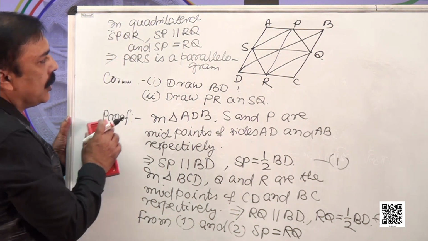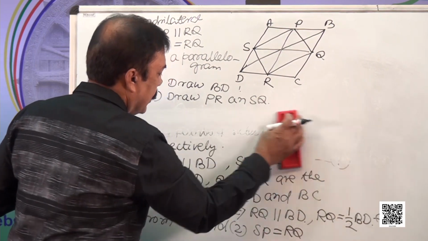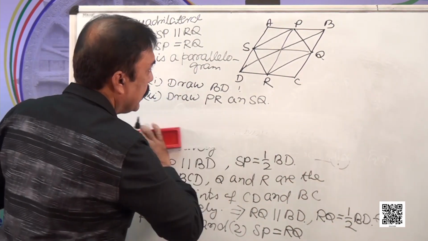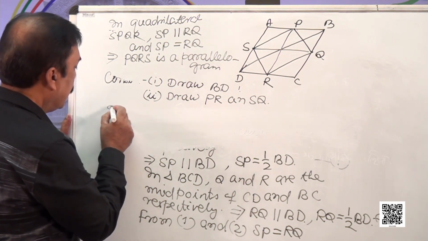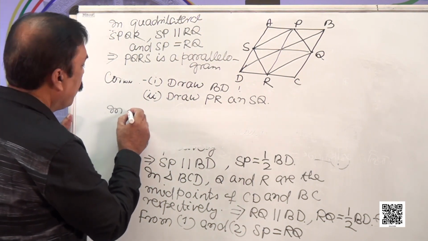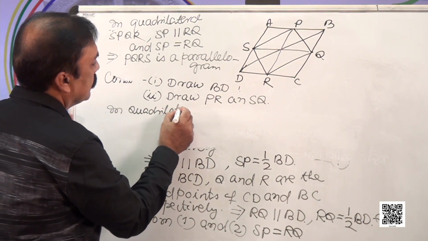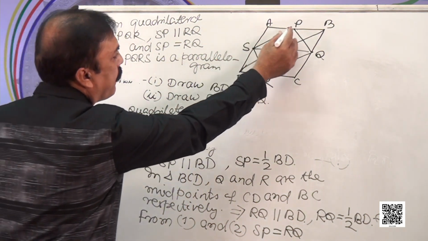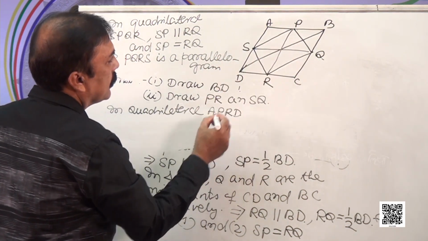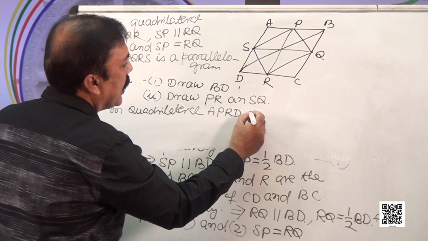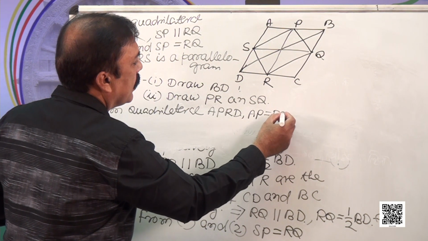Now, here you see in quadrilateral APRD, AP is equal to RD.